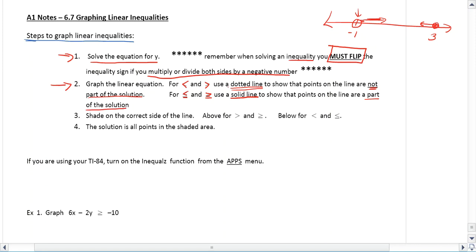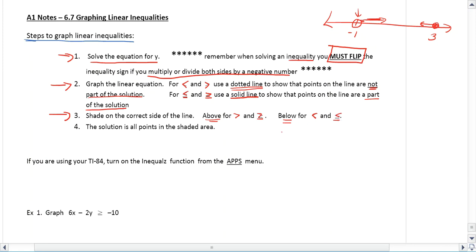So just watch your dotted lines and solid lines. Then we need to shade a region of the graph. If y is greater than or equal, we shade above the line. We will be shading below the line for less than and less than or equal to.